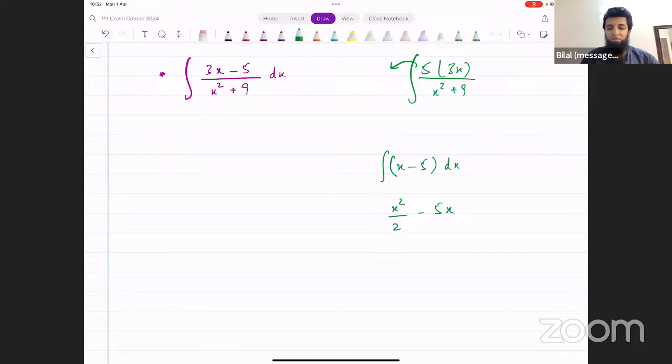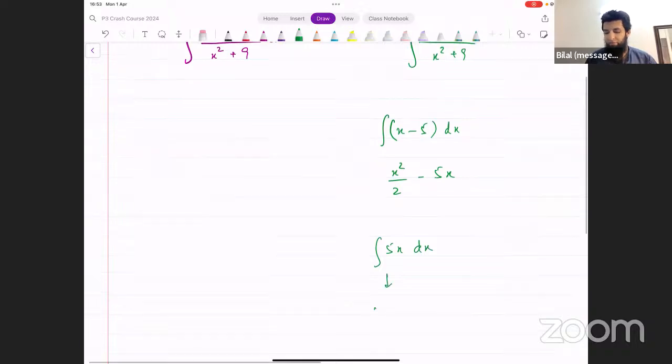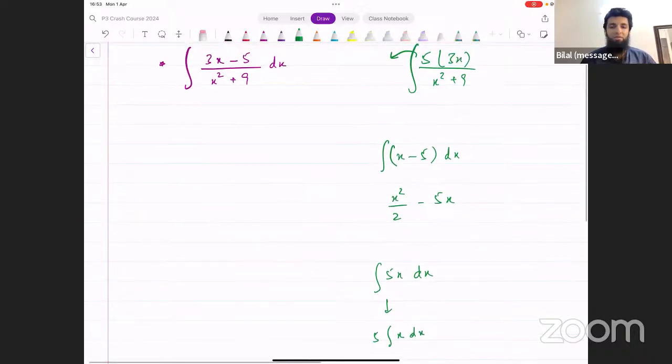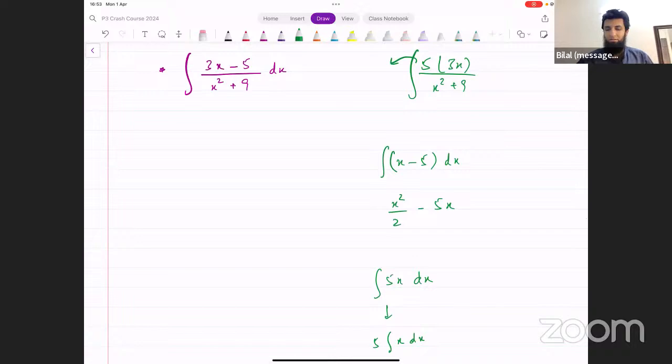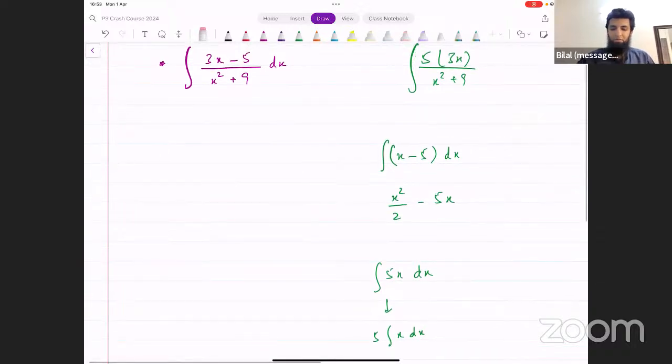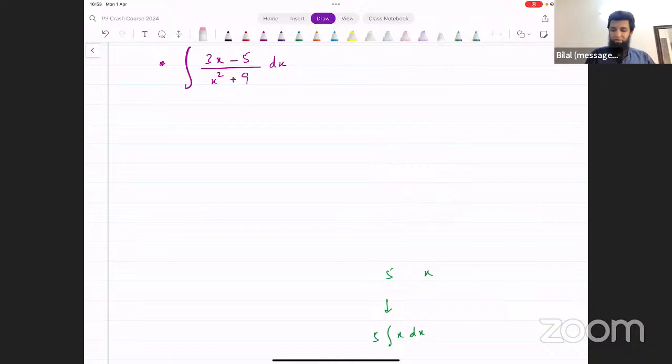That is why we can write it outside. If we had 5x, the integral of that we could write as 5 into the integral of x, but not when you have plus a constant or minus a constant. That cannot be written outside. Okay, sir. Thank you. Okay, so that will not work. So we can't write 5 outside.